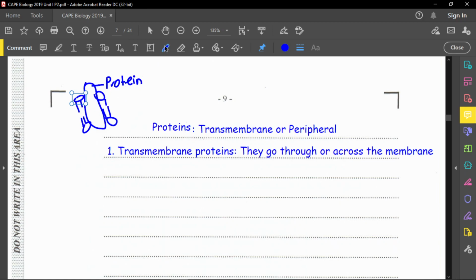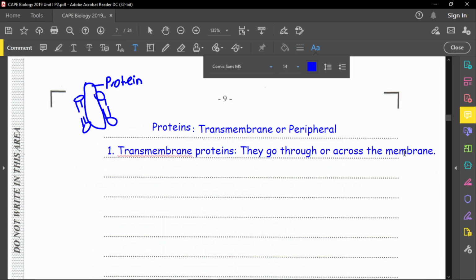Let's even finish with this. There's some more information I could give you on the transmembrane proteins, which go straight through the membrane, which is just one point to make. What I also want to point out is that transmembrane proteins are generally amphipathic, because one end will be hydrophilic and one will be hydrophobic. Just make a note of that.